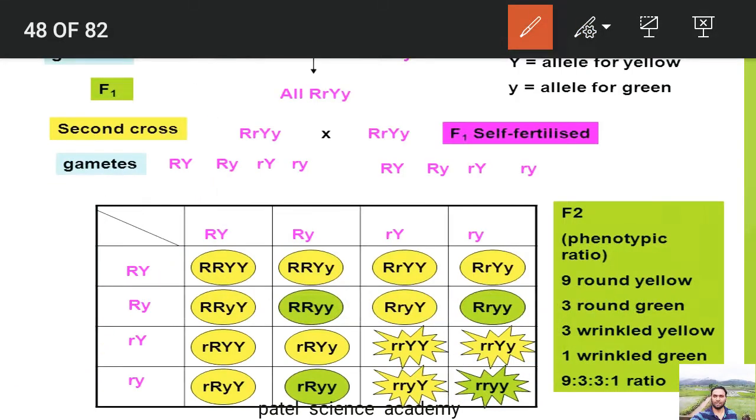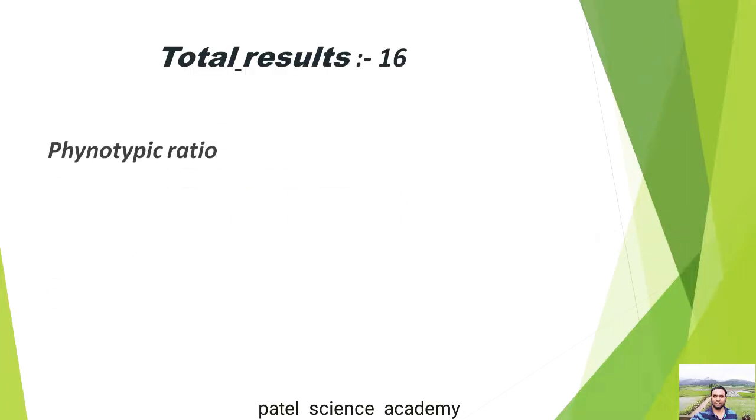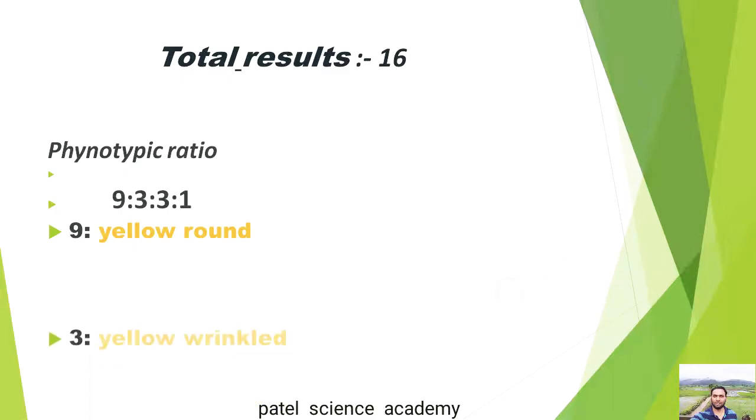But what about the genotypic ratio? So let's see the total result. We got 16. The phenotypic ratio, as I told you, is 9:3:3:1, out of which 9 are yellow round, which was one of the parents, 3 are yellow wrinkled. This is a new combination we got because of this cross.